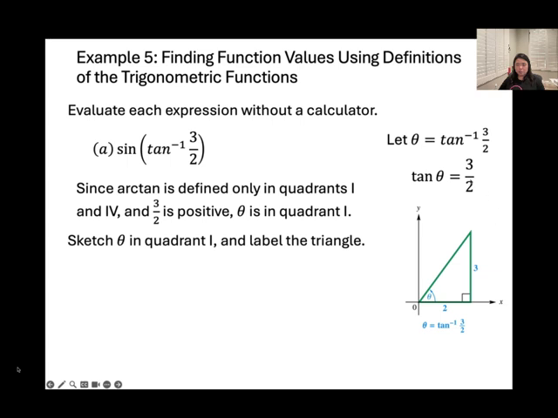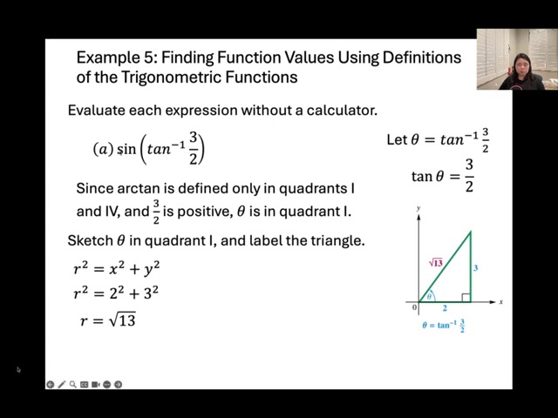Opposite over adjacent. And then we need to figure out the hypotenuse. So remember the formula, r squared equals x squared plus y squared. Plug it in. You should get r equal to root 13. That will be the hypotenuse.